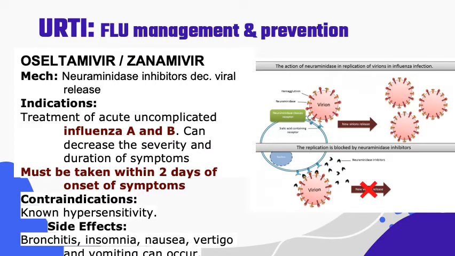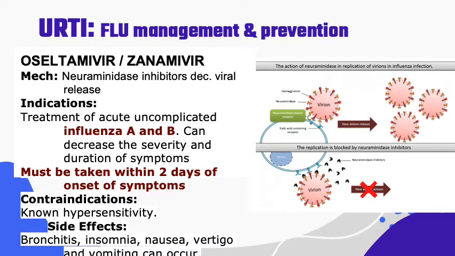The treatment and prophylactic drug of choice for flu will be oseltamivir, or the locally acting nasal aerosol inhaler will be zanamivir. Both are neuraminidase inhibitors, which act by inhibiting the release of virions from the infected cell.